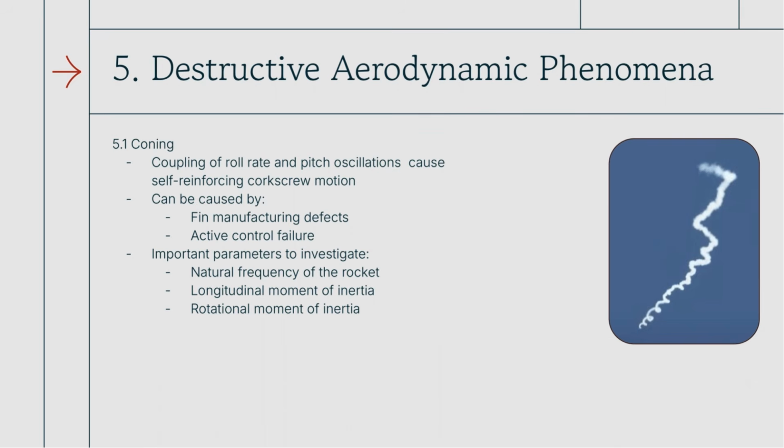Your rocket might be spinning at some speed during flight, and as I mentioned, the rocket is always oscillating during flight. If those two rates line up or are approximately equal, then they will amplify themselves and cause the rocket to essentially rotate on an angle, and that corkscrew motion will increase until the rocket self-destructs.